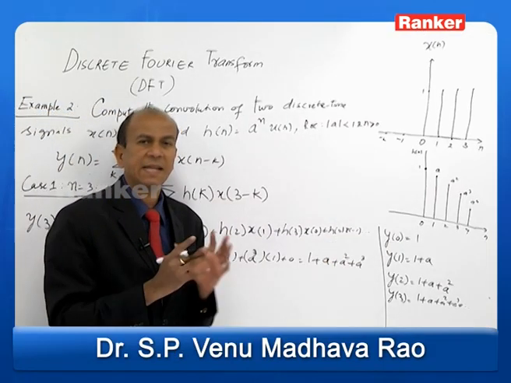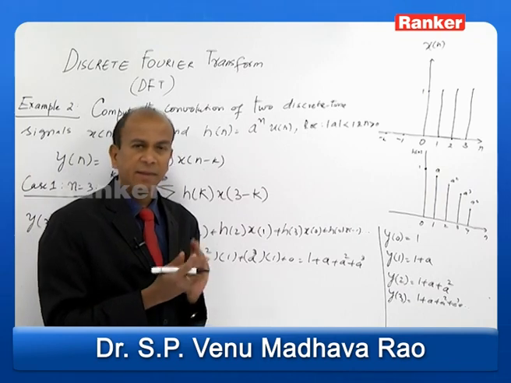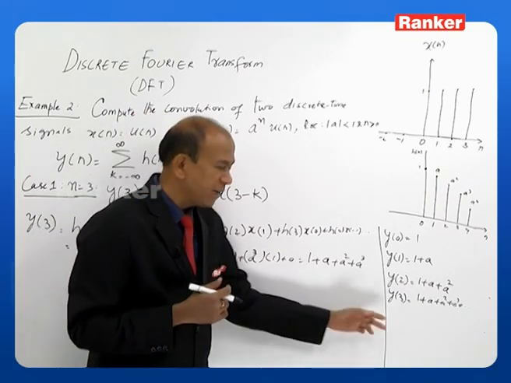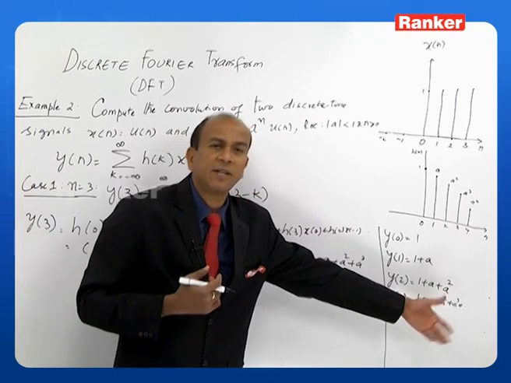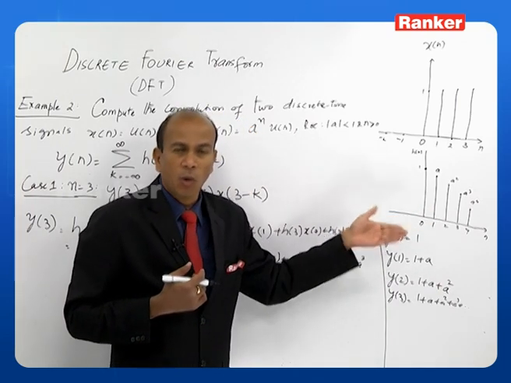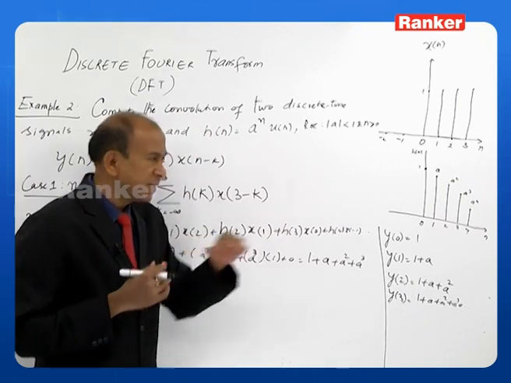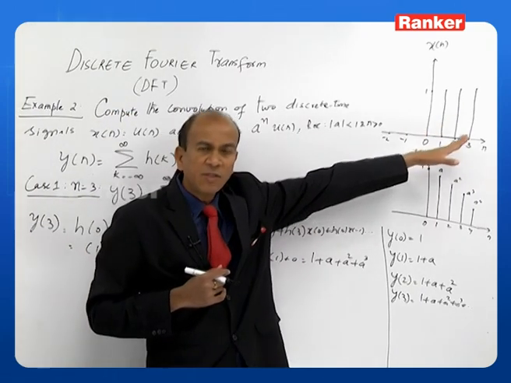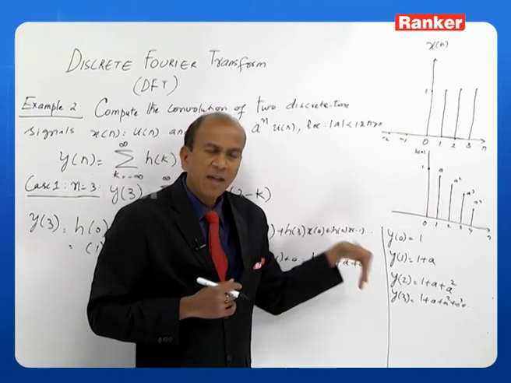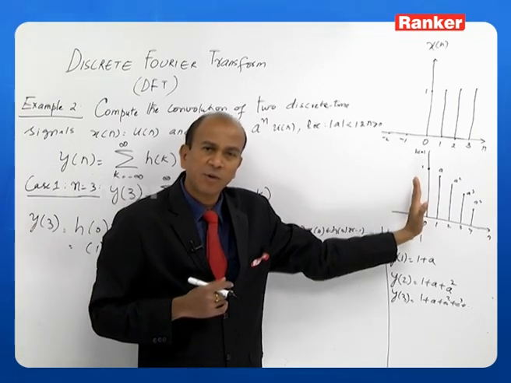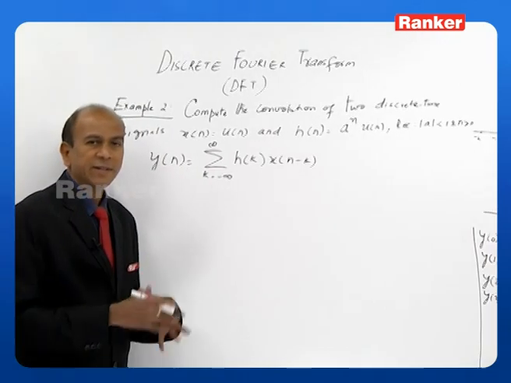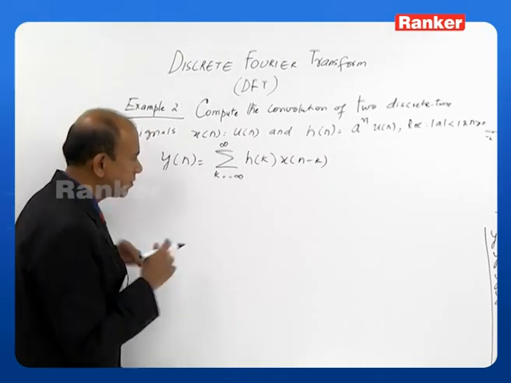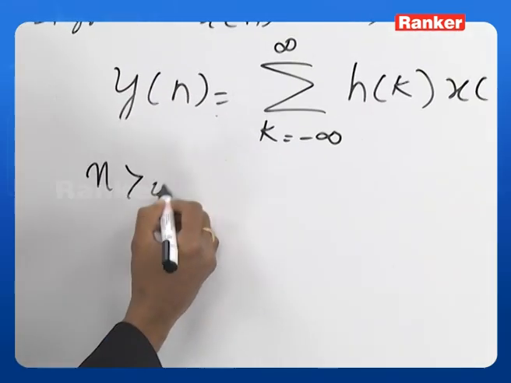Now we can clearly see that there is a pattern that is coming. And in fact, when we calculate y of 4, it will be 1 plus a plus a square plus a cube plus a to the power 4 and so on. So let us stop this, because this is an infinite sequence which is existing from 0 to infinity, and this is also an infinite sequence that exists from 0 to infinity. So we can actually generalize the whole thing. Let us generalize this. Note the two cases. Let us take first n greater than or equal to 0.